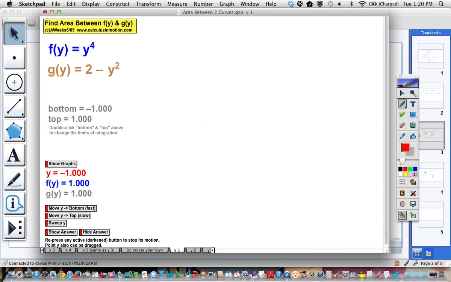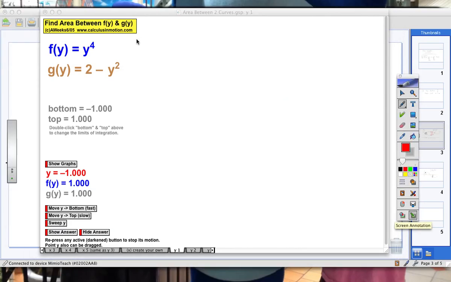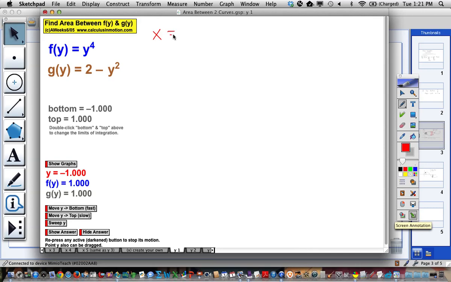Okay, let me look at this one for you now. Okay, so right here, notice how this one is written. F of y equals y to the fourth. Well, I would write that on my paper as x equals y to the fourth. And for this one, I would write that as x equals 2 minus y squared. Okay?